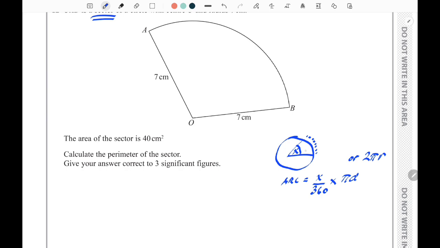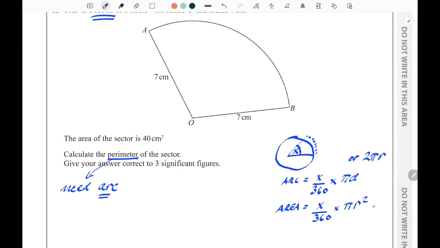And the area will be, again, the same fraction of the circle that the angle is of 360, times pi r squared. So bear that in mind. In order to work out the perimeter, we need the length of arc.